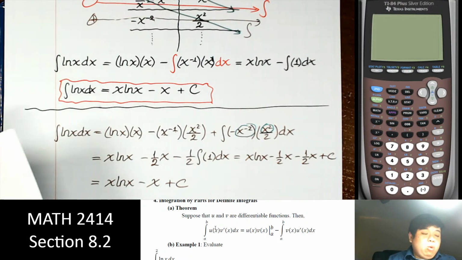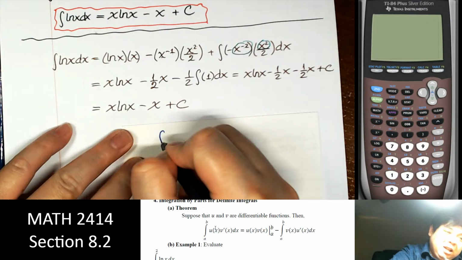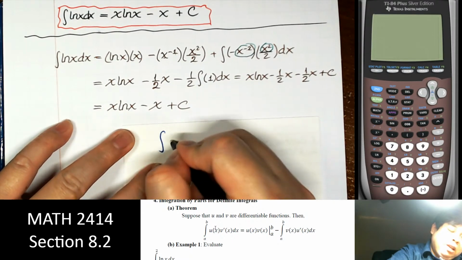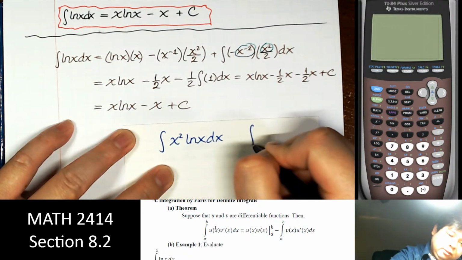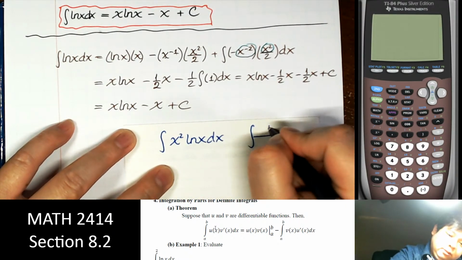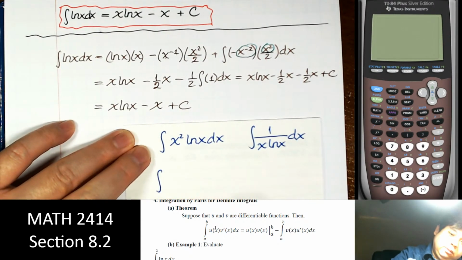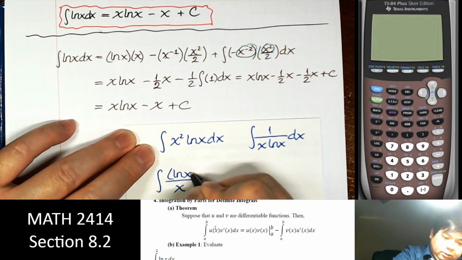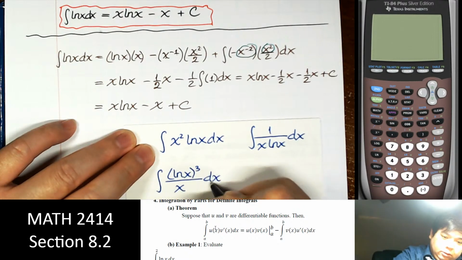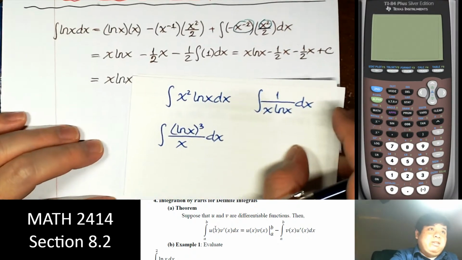So remember, every time we have the ln, we have to be careful. Sometimes we use integration by parts, sometimes we don't. I'll just give you a sample here. We have these problems, the ones where we have ln of x in it.